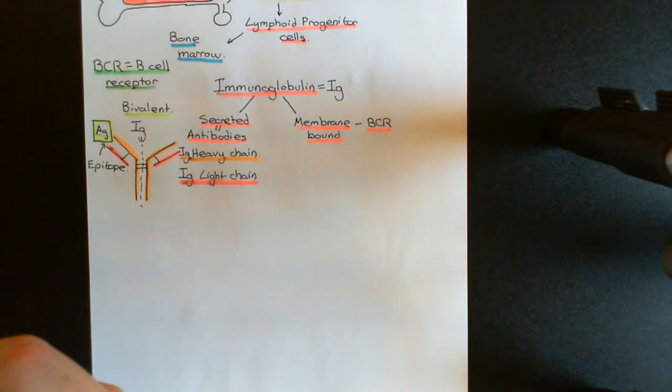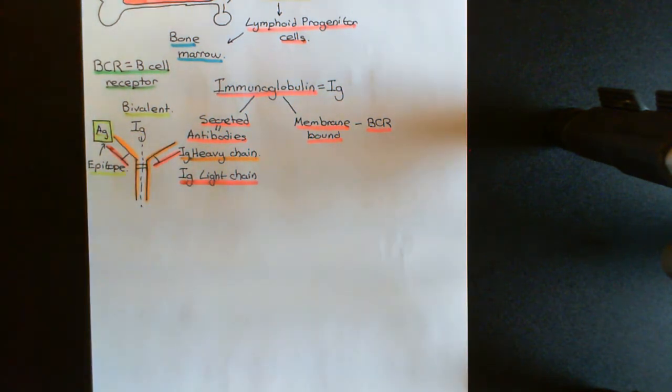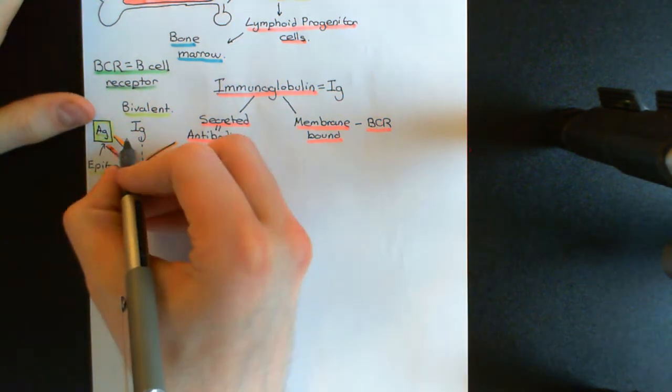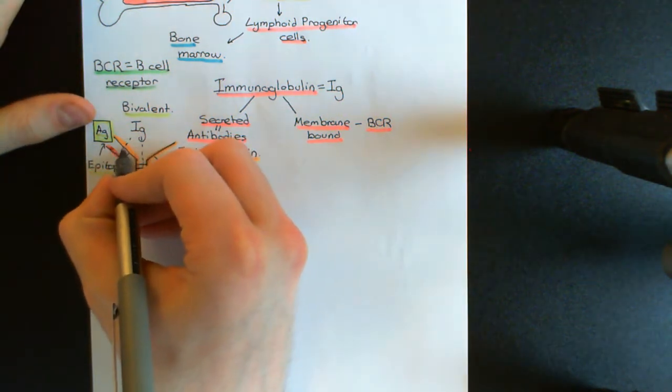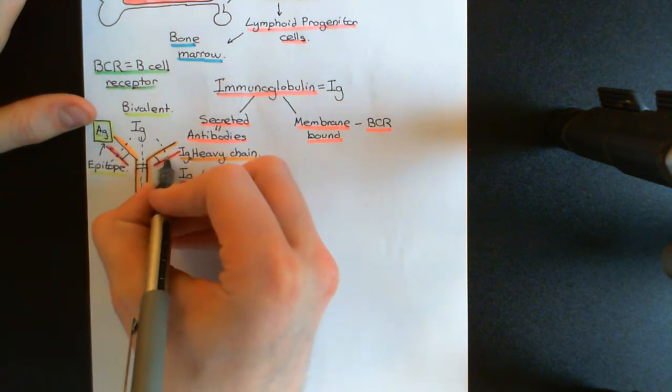Okay, right. So, a little bit more terminology about the immunoglobulin heavy chains and the immunoglobulin light chains. We can divide the immunoglobulin molecule up into 3 different regions. So I'm putting these dashed lines here.